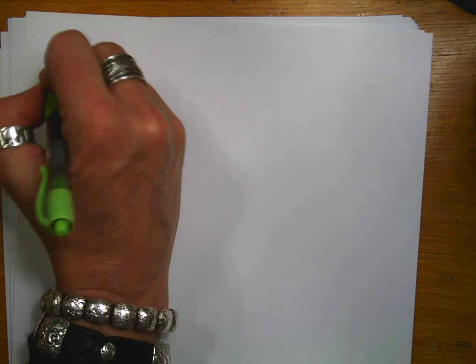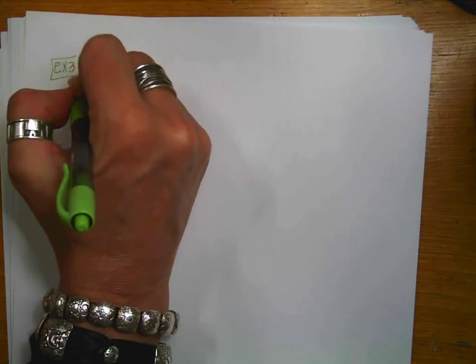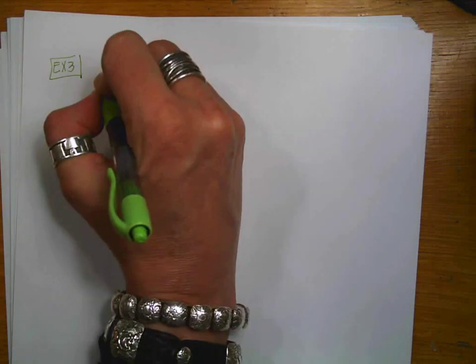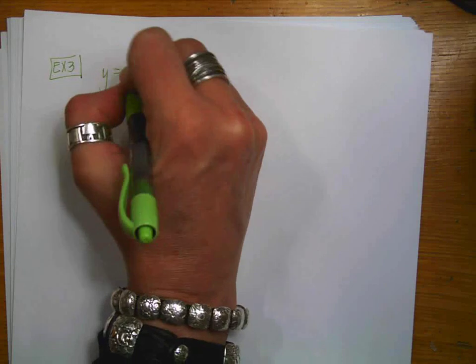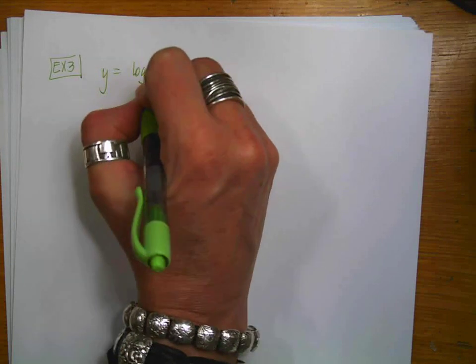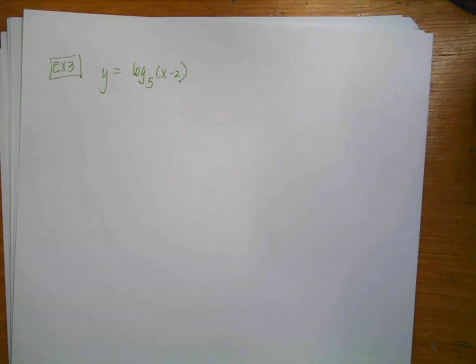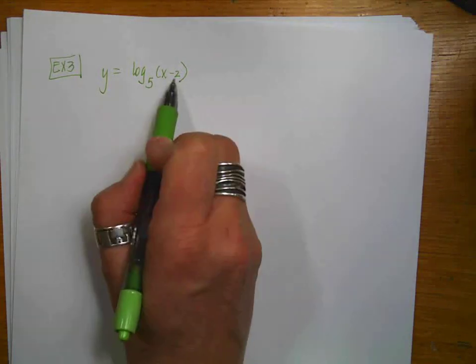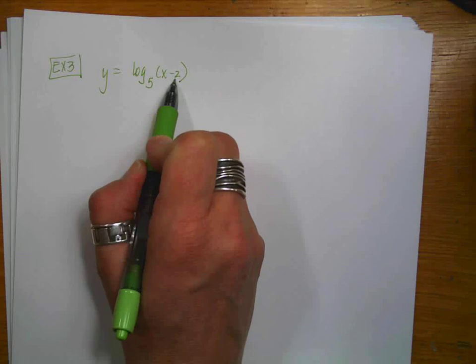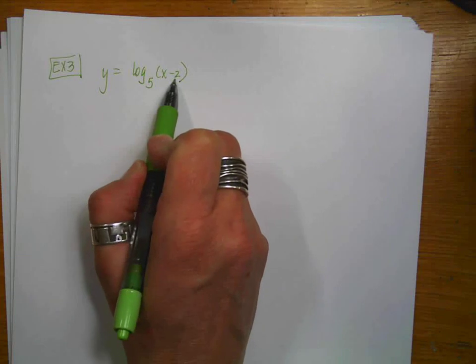I have one more example for us that's just a wee bit different. And so it's kind of fun to see how the math changes. So we're still going to do the same thing. So I have the y is equal to the log base 5 of x minus 2. Okay? So the cool thing is this x minus 2 is going to cause our graph to change.